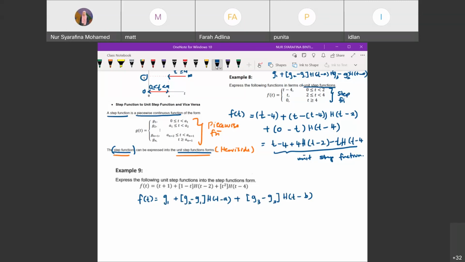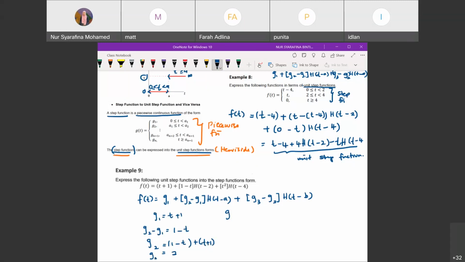So just identify the form. g1 is t plus 1, right? And then g2 minus g1 here is 1 minus t. So substitute what is your g1. So g2 equals 1 minus t plus g1, which gives you 2.